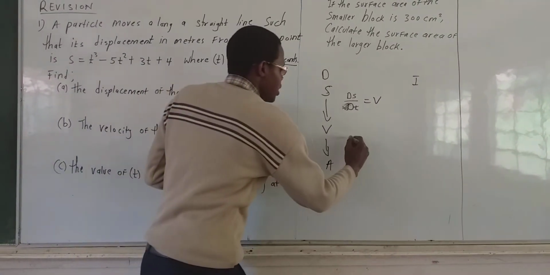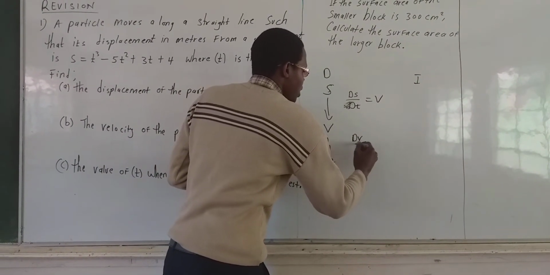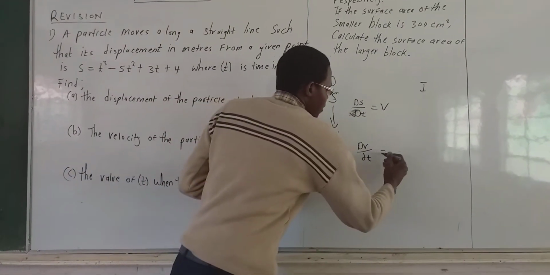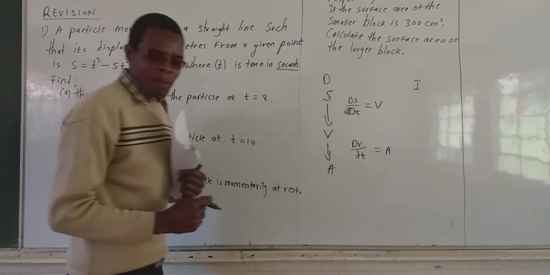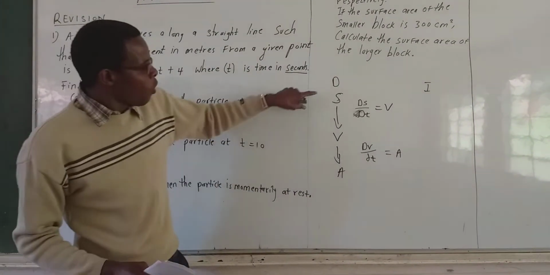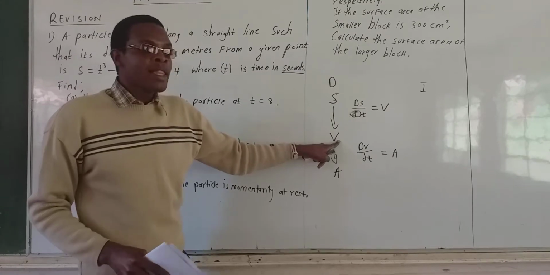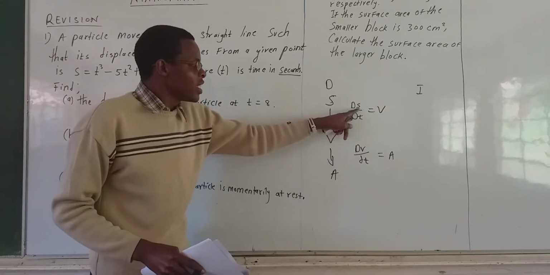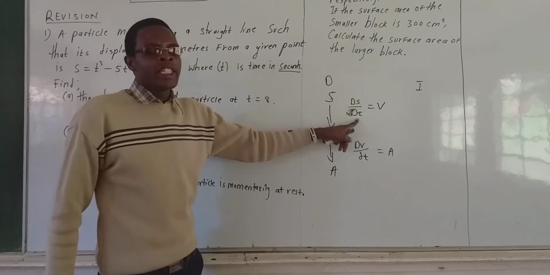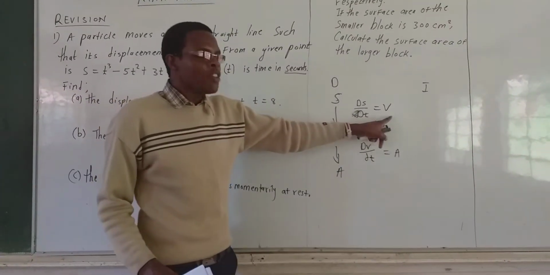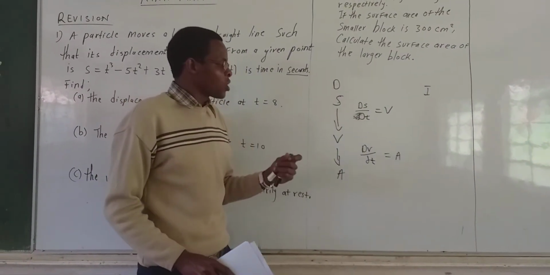In this case it is dv over dt, which gives us acceleration. So that is the major difference. For us to move from displacement, which is distance, to velocity, we have to differentiate ds over dt. We differentiate that expression to come out with v, which stands for velocity.